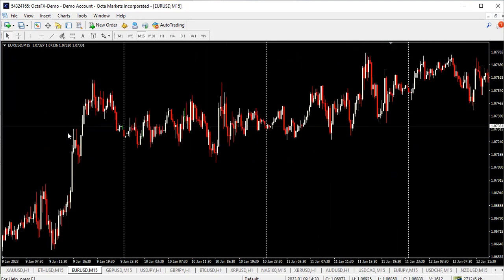Here's an example. This is the lowest low of yesterday. Now you open your chart and you begin to see this kind of thing. What is the market doing? The market is playing around the low of yesterday. What is that telling you? Not to sell the market, but to buy.